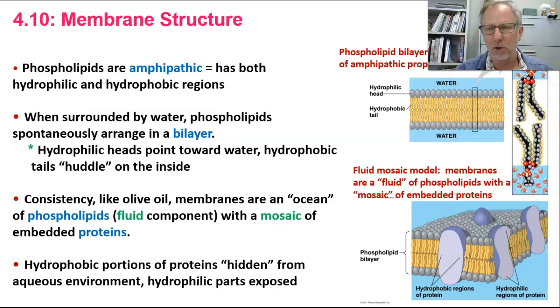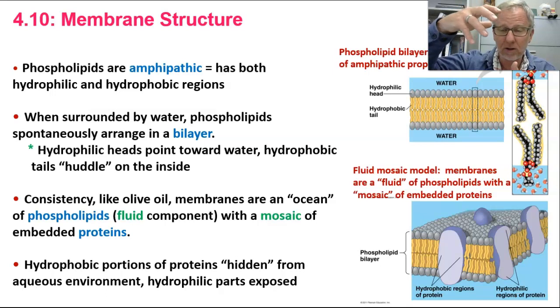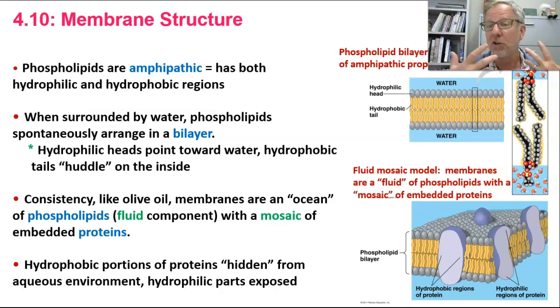So those parts of the proteins that are embedded in the membrane are going to be hydrophobic. That makes them match up to the hydrophobic fatty acids. Whereas the parts of the proteins that are coming into contact with water on the inside and the outside of the cell, those parts of the proteins are hydrophilic. Everything is being constructed and designed in a way because of the physics and the chemistry of our cellular environments.